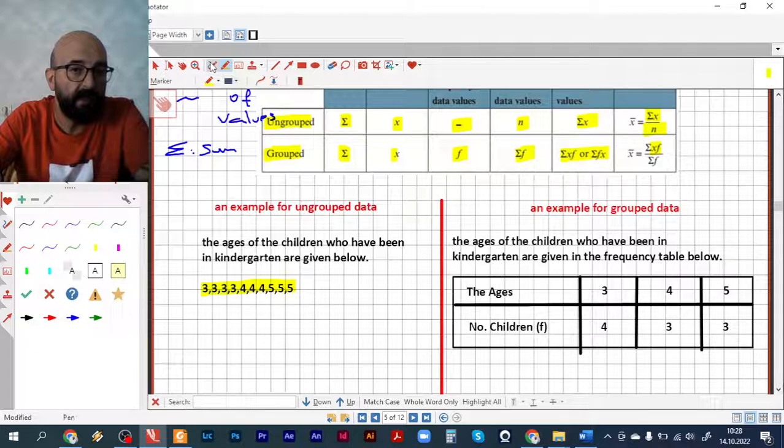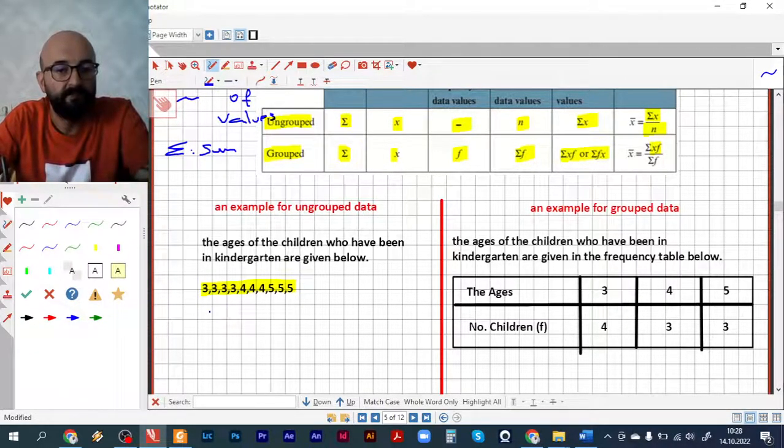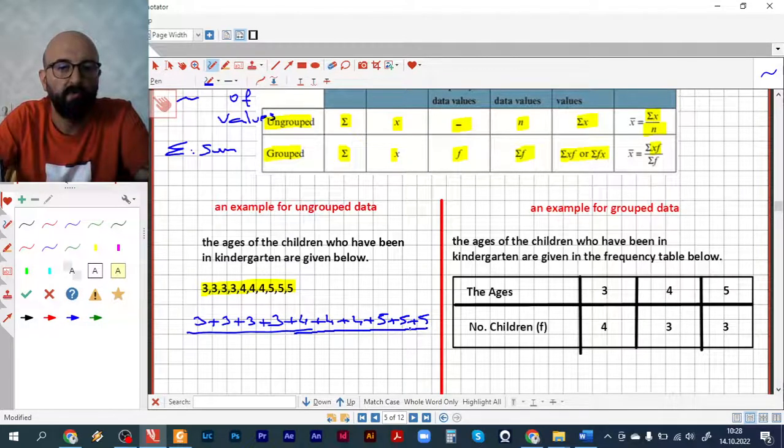If we want to find the mean, it is the sum of all values, 3 plus 3 plus 3 plus 3, 4, 4, 4 and 5, 5, 5, over the number of data, 1, 2, 3, 4, 5, 6, 7, 8, 9, 10.